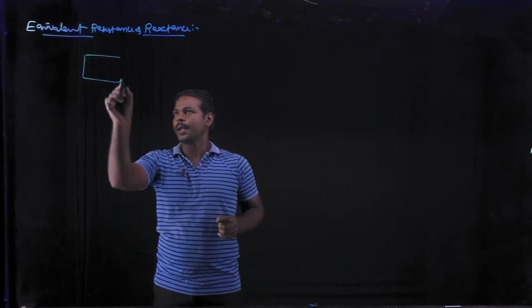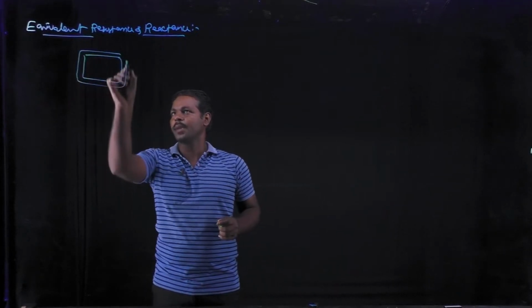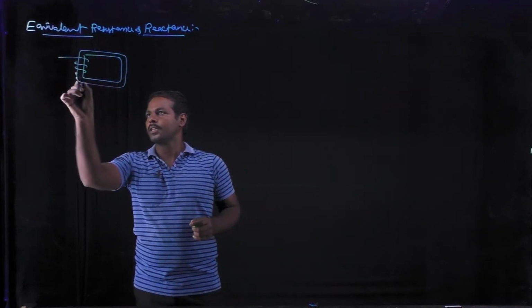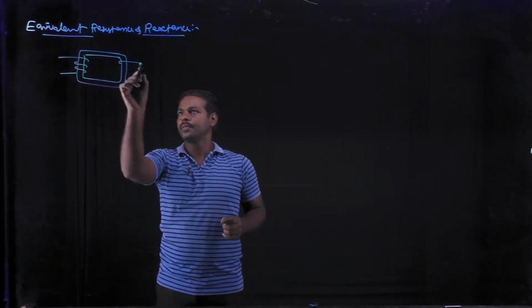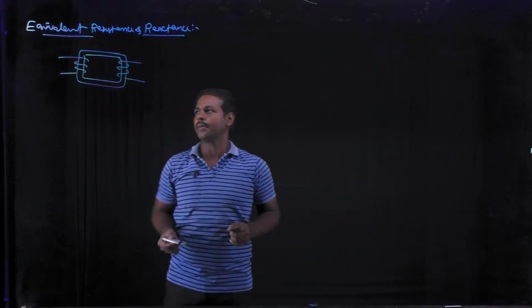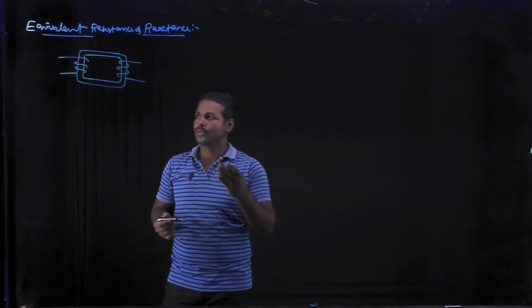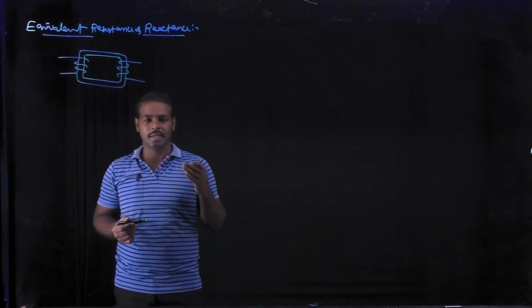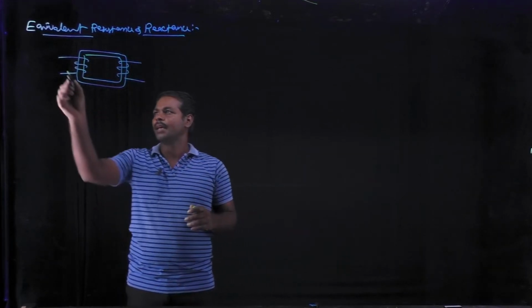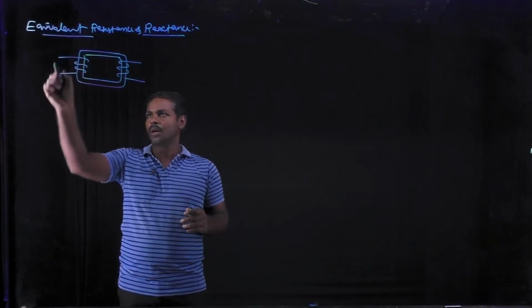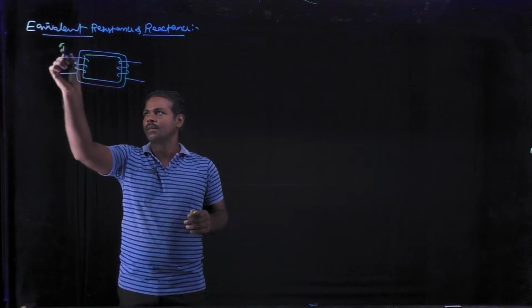This is the magnetic core, which is connected to the primary as well as the secondary winding. If you have to find the load current or whatever parameters, voltages and currents are to be calculated, there are two independent loops or two independent circuits. This is circuit number 1.